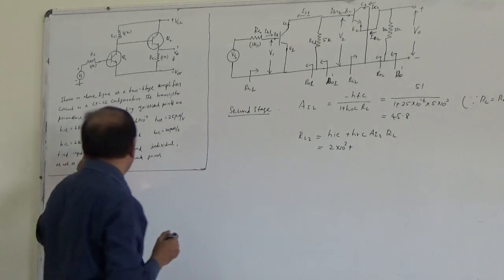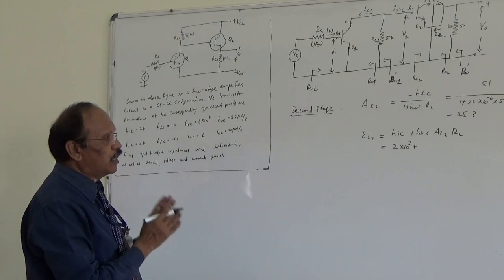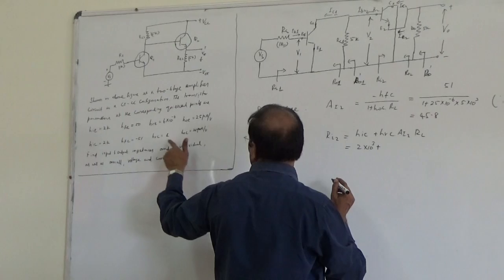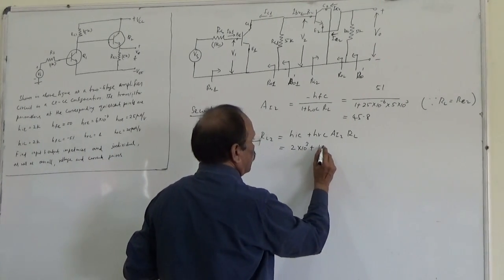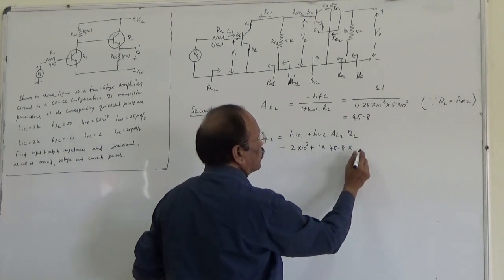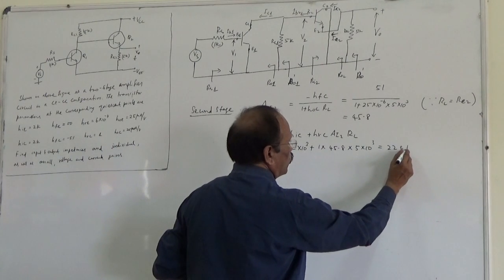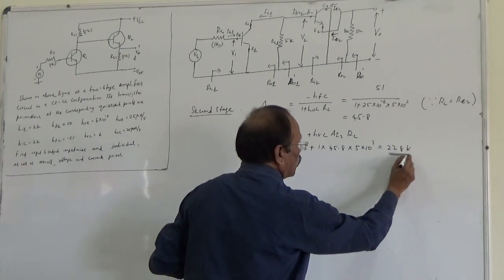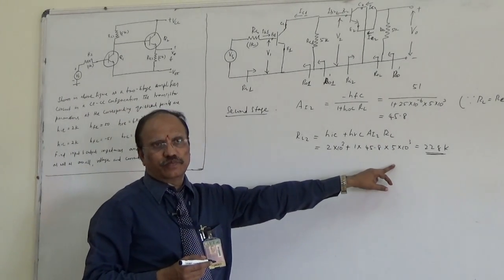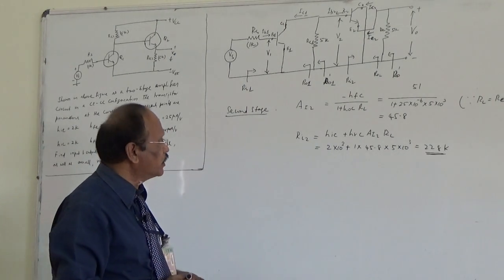Remember, whenever K appears, you multiply by 10 power 3, always taking ohms, amperes and volts. Plus HRC equal to 1 into 45.8 into 5 into 10 power 3. This may come around 228K. This shows that for a common collector, the input impedance is always very high, so wherever you need high input impedance, you can make use of the common collector configuration.